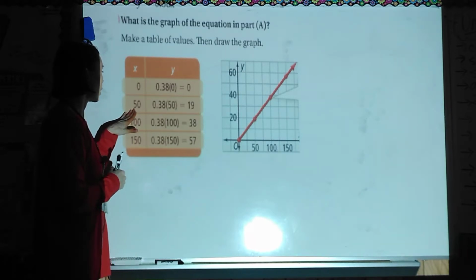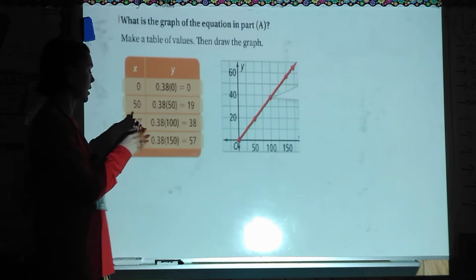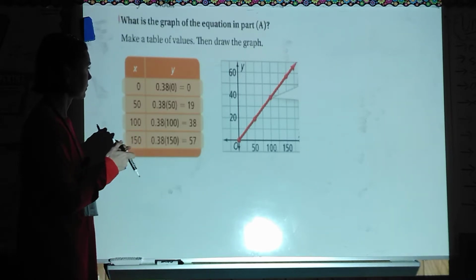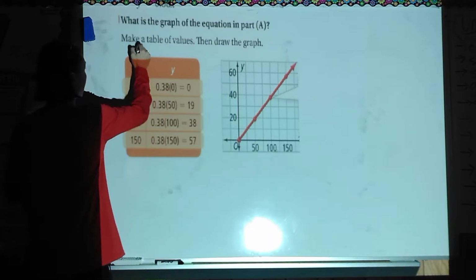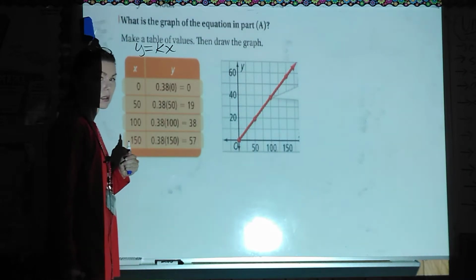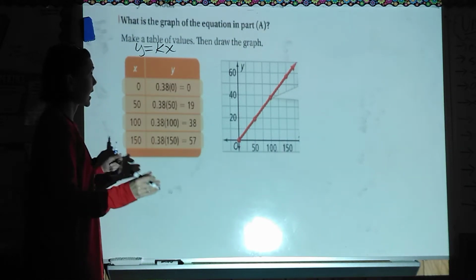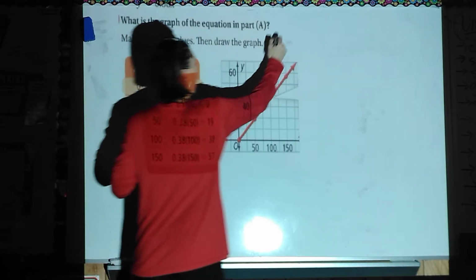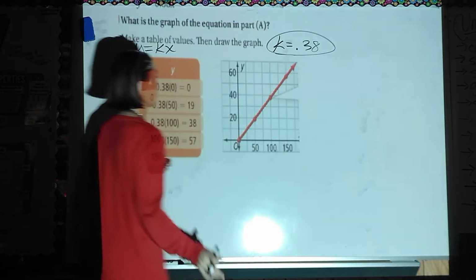Let's write the equation again so this makes sense to you: y equals kx, and we said that your k is equal to 0.38.